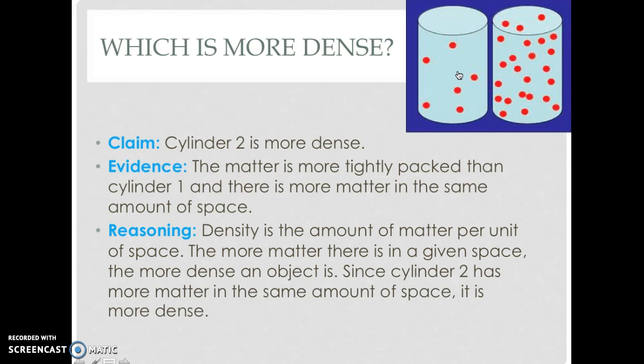And now what is the reason? Density is the amount of matter, like the amount of these red dots, per unit of space. So per unit of space, it has more. Since cylinder 2 has more matter in the same amount of space, it is more dense. So that is the reason for cylinder 2 having higher density. Okay, now next.